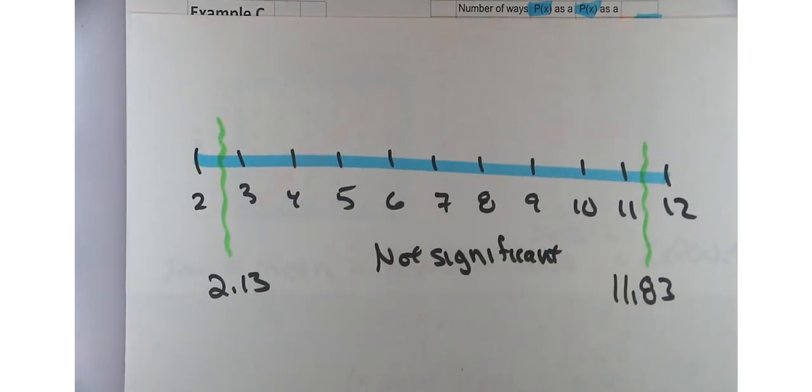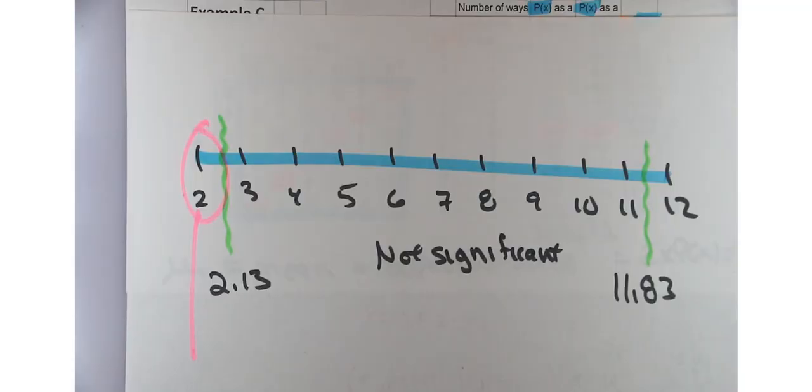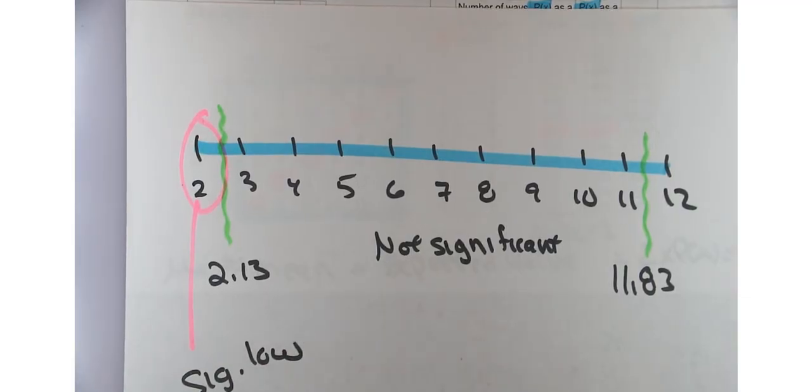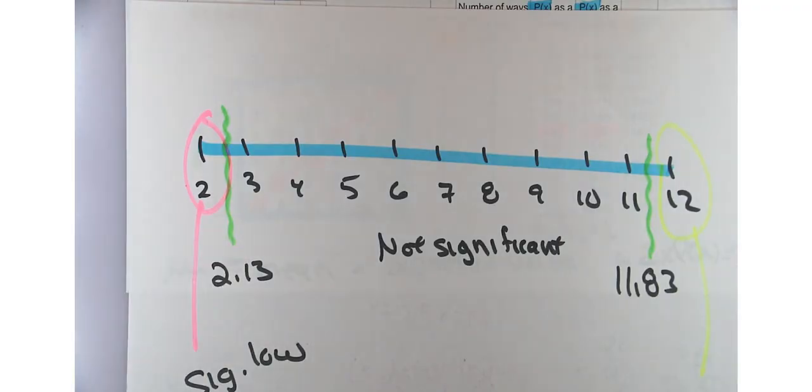What does that leave, though? It leaves 2, and 2 is significantly low. And then one more, right? It leaves a 12, which is significantly high.